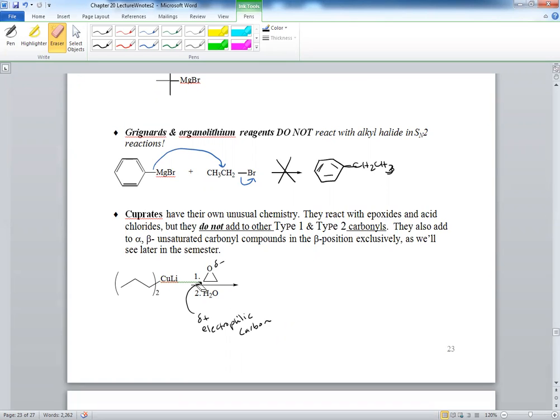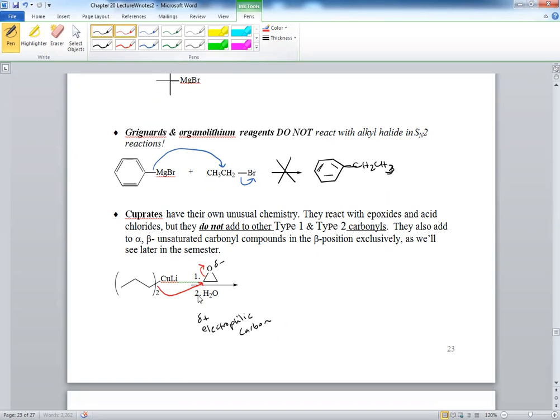I'm going to erase this because I need to draw an arrow and show you. So again, R2CuLi attacks and opens up the ring.